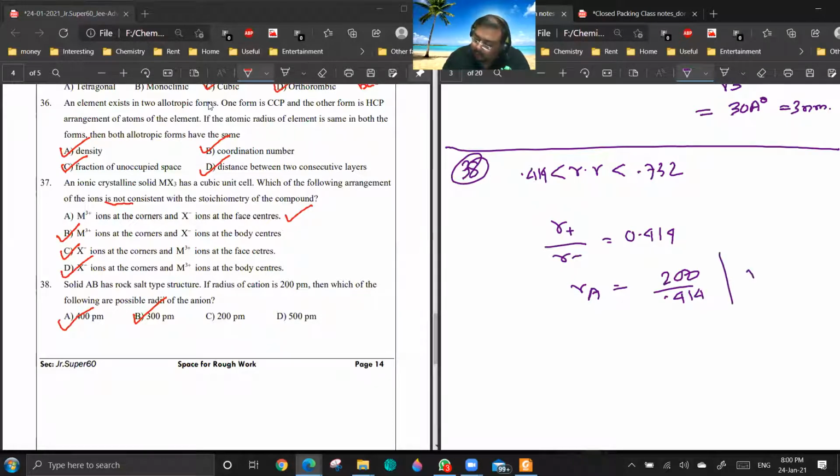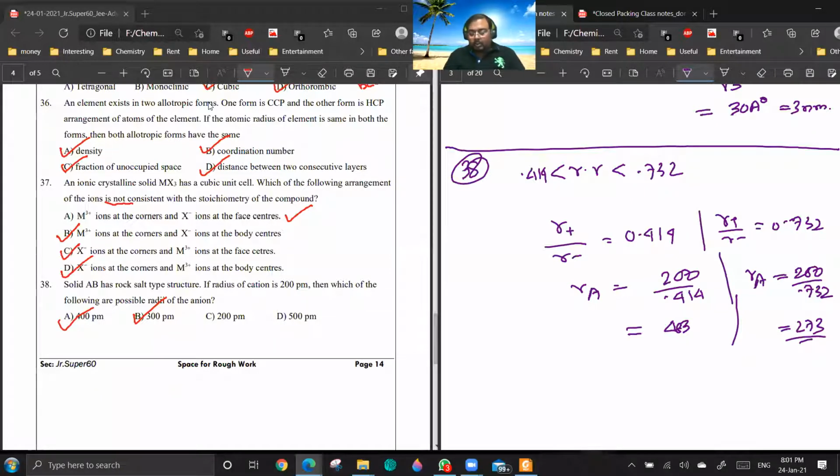This will be the limit of radius of anion. And 200 by 0.732 is the other limit. These are the limits of the anion sizes for rock salt structure, yes or no? So if we calculate, it is around 483 and 273. So it should lie between these two, so the answer should be A and B only.